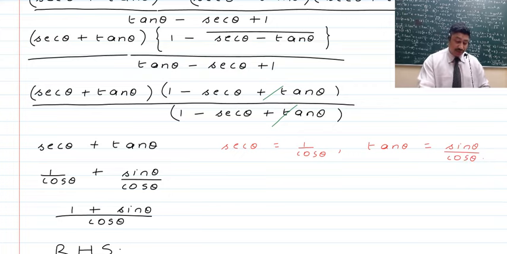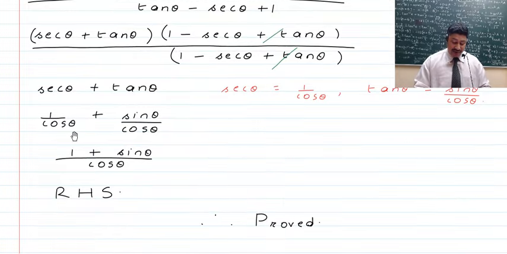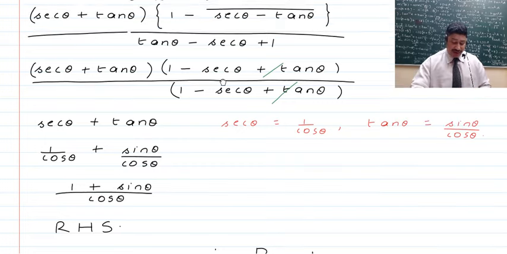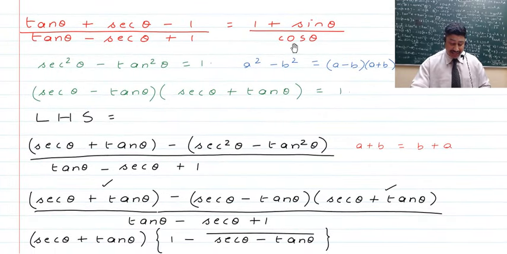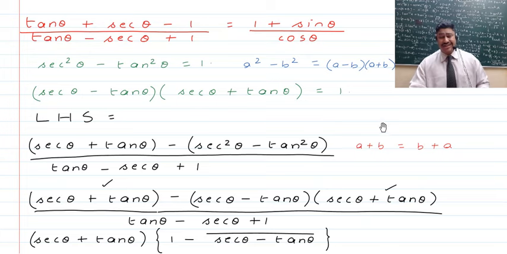We use both of these to write sec theta plus tan theta, and when we take an LCM, the LCM of both is cos theta, which is the common denominator, and in the numerator we have 1 plus sin theta. And if you check, this is exactly what you require on the right hand side, so it matches. Now you can write it equal to the right hand side, and therefore proved.